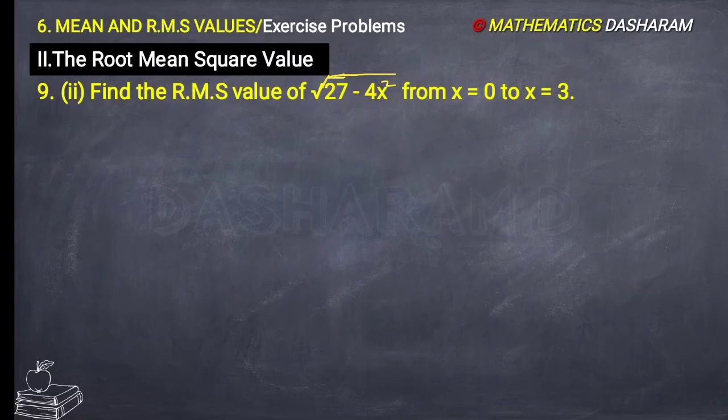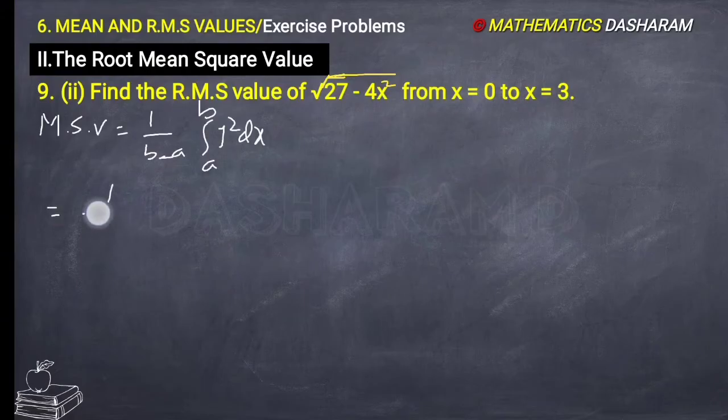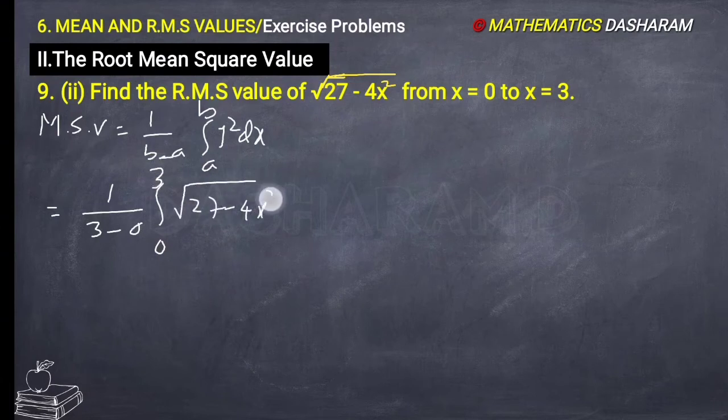Second one: find the RMS value of under root 27 minus 4x square from x equals 0 to x equals 3. So first find out the MSV value. So b value 3 and a value 0, integration 0 to 3 of under root 27 minus 4x square, whole square, dx.